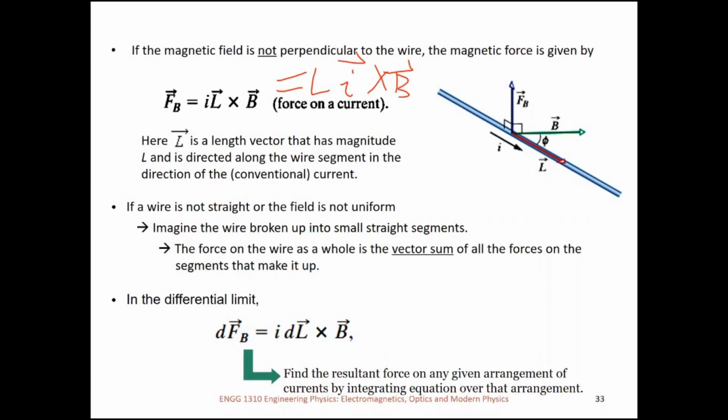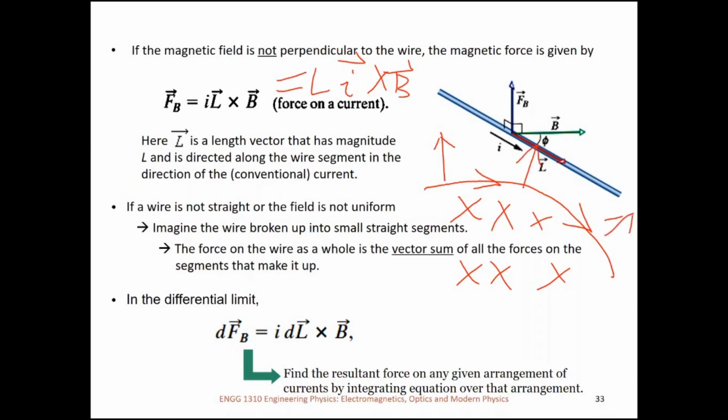If the wire is not straight, or the field is not uniform, for example, if we have the wire something like this, current going this way, and then B field like this way, then here we probably will have force like this, and here force like this, and here force like this, because the force is always perpendicular to the current, right?